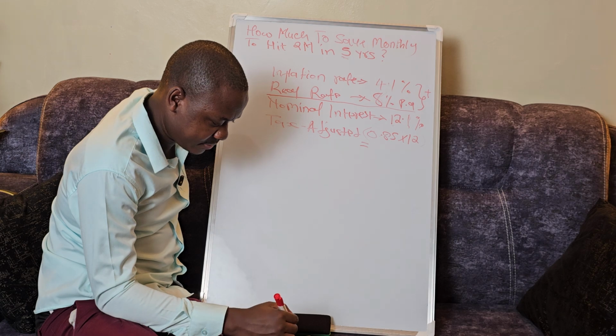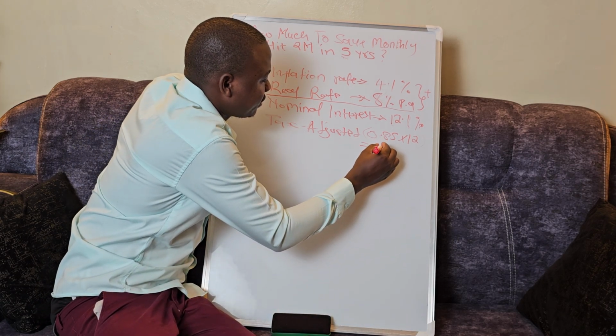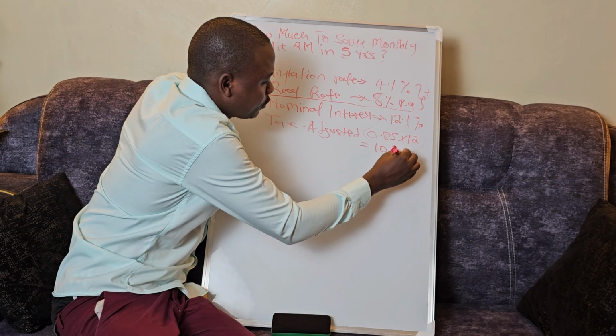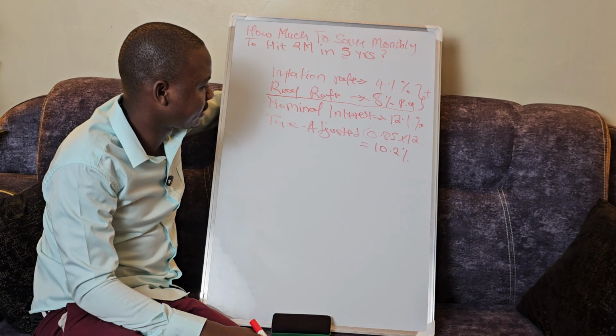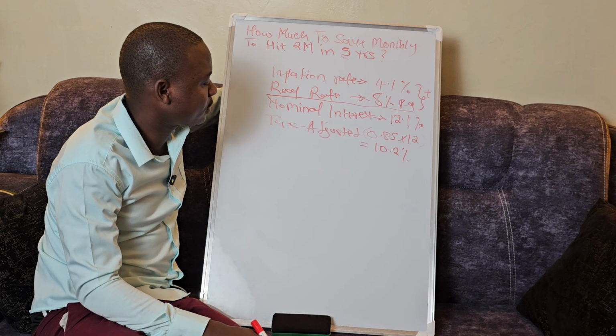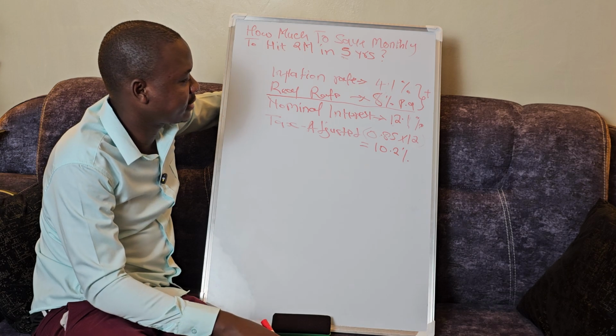After removing the tax element, you will have 10.2%, which if you round off will just be 10%.